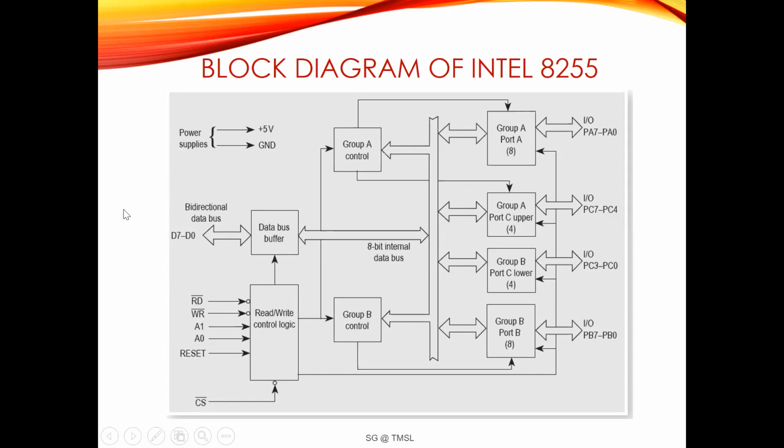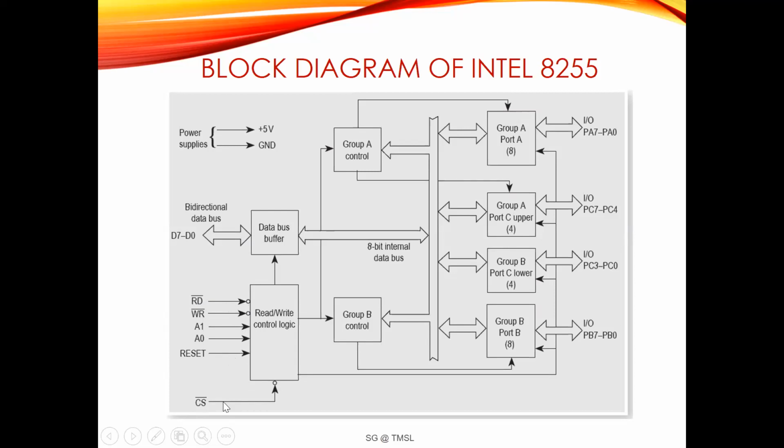The microprocessor's 8-bit data bus is connected to the data bus of 8255 PPI, through which the data can be transferred. The read control signal can be connected over there, the write control signal can be connected over there, and only two microprocessor address lines A0 and A1 will be connected to these two address lines of 8255 PPI, and the microprocessor reset signal is to be connected over there if it needs to be reset.